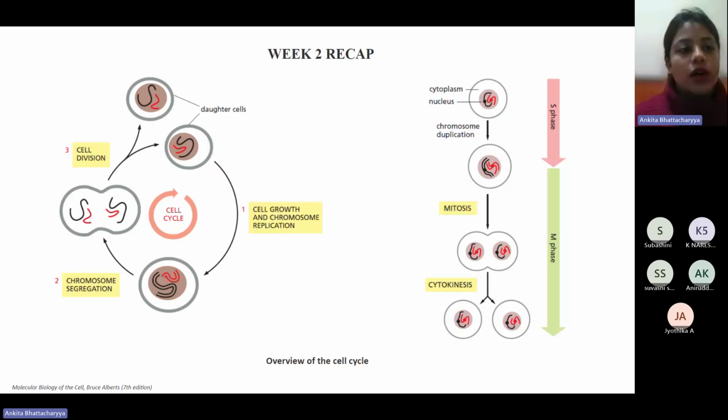When we talk about cell cycle, if you want a reference book, what I would very strongly recommend, and what you would find in my slides as images and schematic representations, is one particular book, Molecular Biology of the Cell by Bruce Alberts.